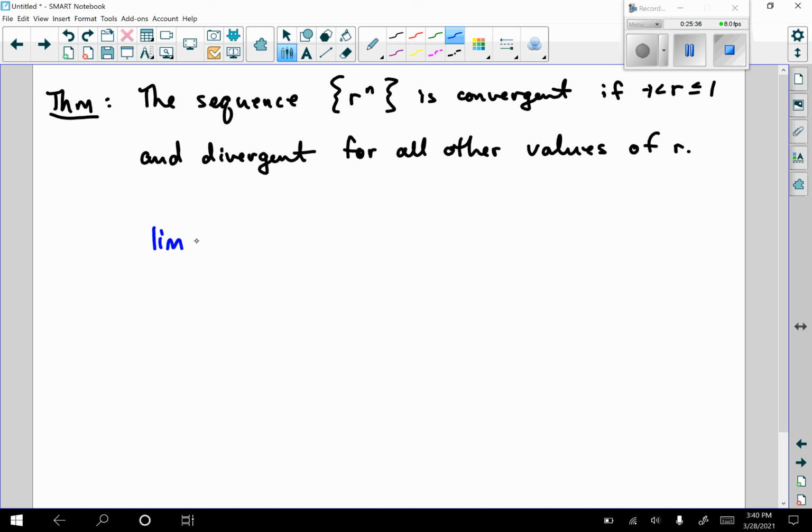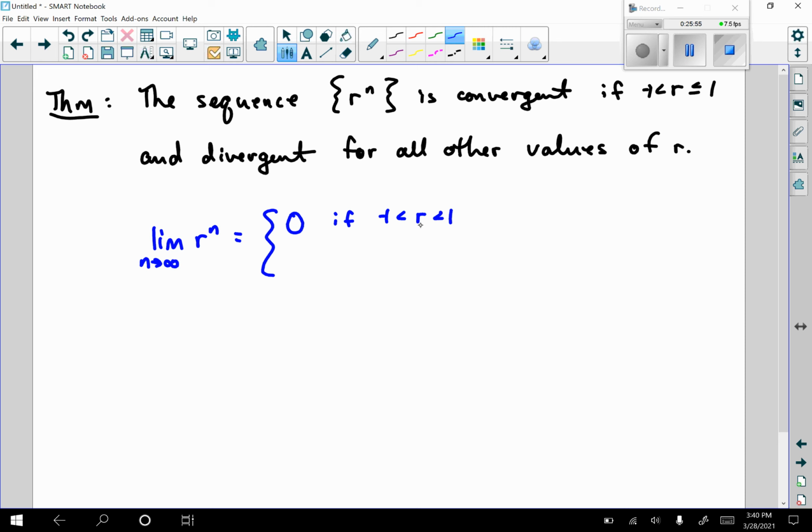So we could write this that the limit of r to the n as n approaches infinity is going to equal 0 if r is greater than -1 and less than, or just less than 1.